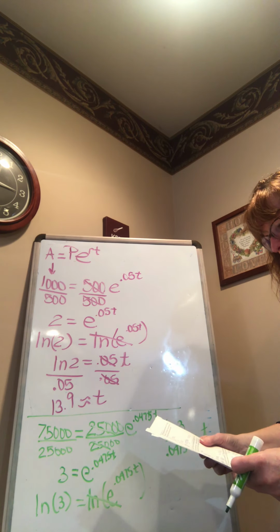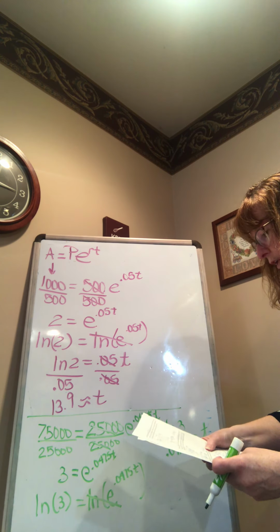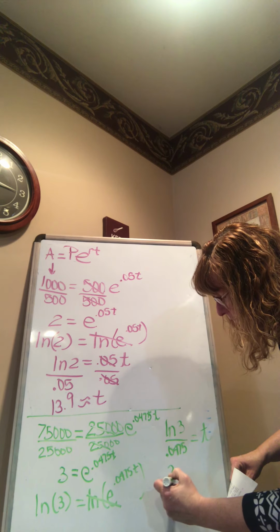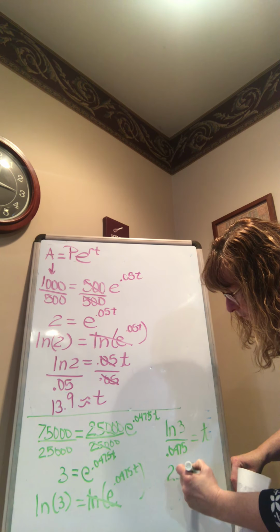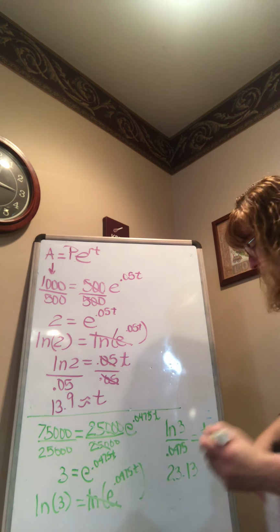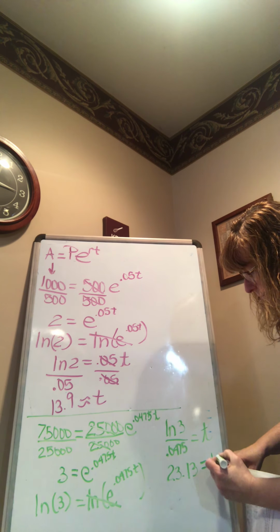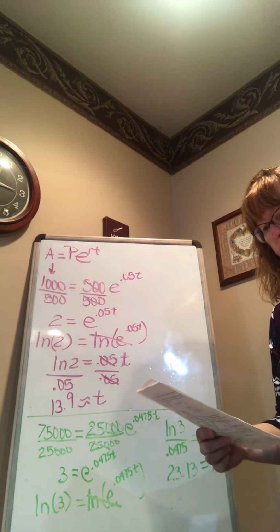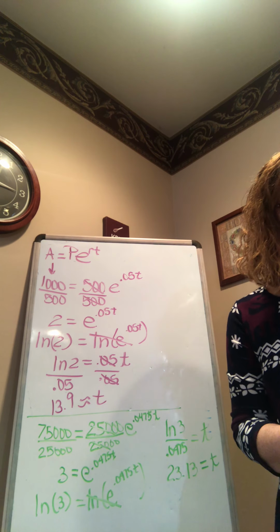And when I do that, I find out that it is 23.13, which was choice 3. So that was number 6.